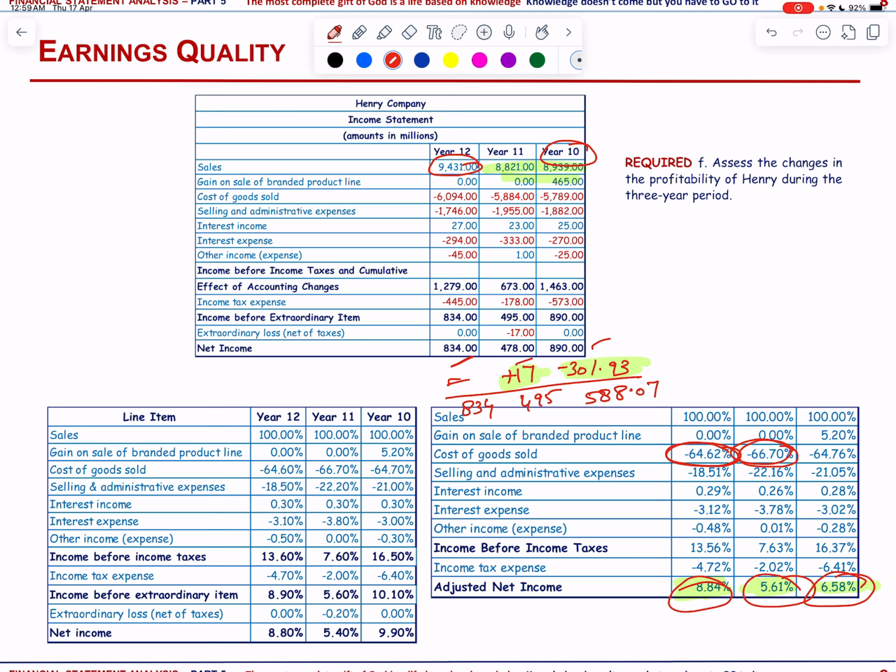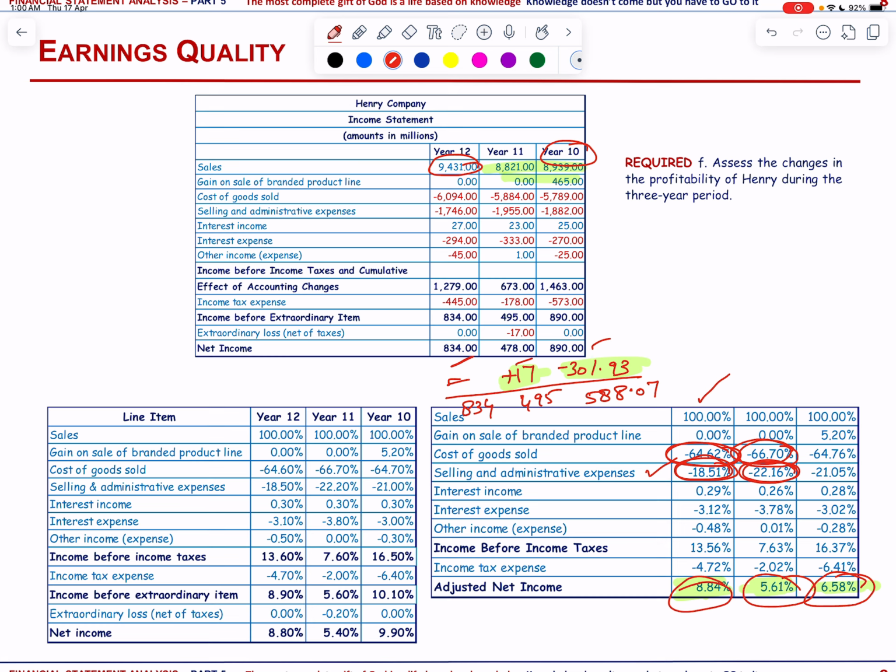So obviously this is going to improve the margins. Looking at the selling and administrative expenses, they have improved in the year 12, 18.5% of sales versus 22.16 in the year 11, and this suggests that there was better control in the year 2012.